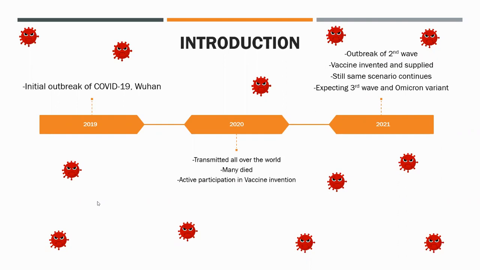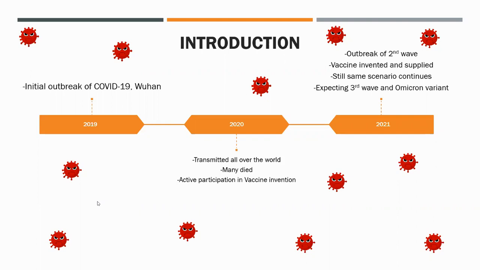COVID-19 started in December 2019 with the outbreak in Wuhan, and it started transmitting all over the world by 2020. Many died, and there were many active COVID-19 patients. The vaccine was invented in late 2020, and still the coronavirus is not under control.